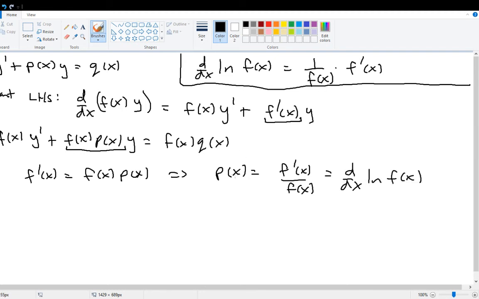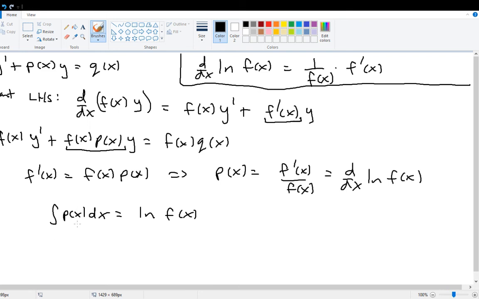Okay, so now we have a relationship between the p of x, which comes from our actual question, and this unknown function f of x that we need. Namely, if we take the derivative of ln of f of x, we get p of x, which means if we anti-differentiate p of x, that will end up being the logarithm of f of x. And now we're in a position to figure out what this f of x is.